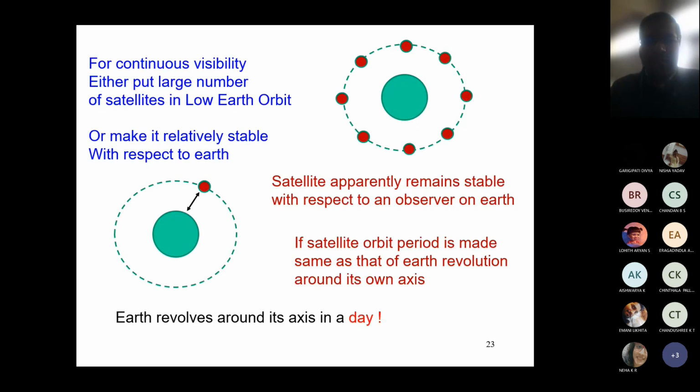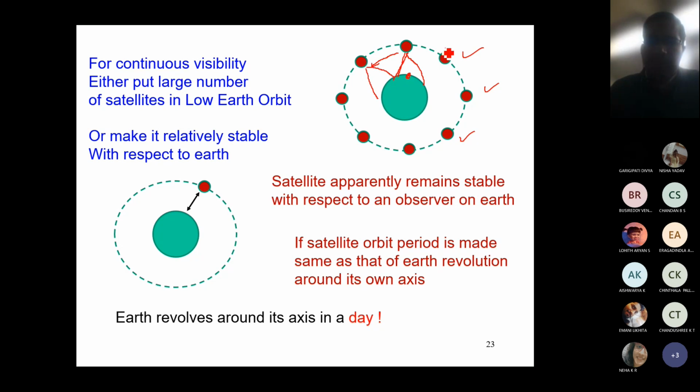So in order to avoid that kind of problem, we have discussed two things can happen. So either we can launch many satellites. So many satellites can be launched in a particular orbit, such that if this is the visibility of this particular satellite and your Earth station is located here, when this satellite moves to this particular position, then this Earth station will not be within the visibility of the satellite.